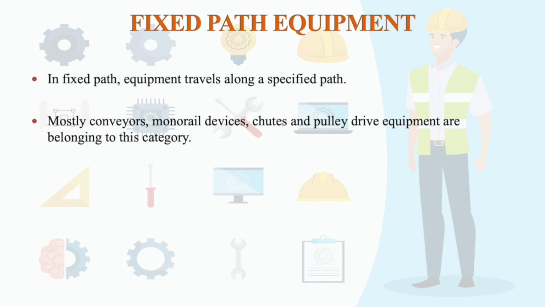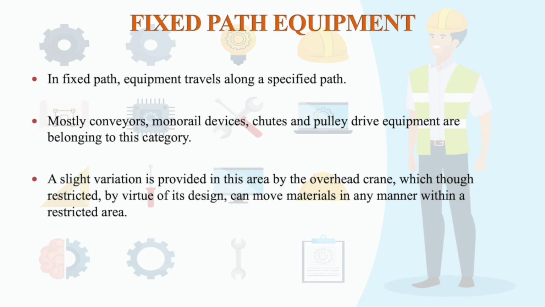Mostly conveyors, monorail devices, chutes, pulleys and pulley drive equipment belong to this category. A slight variation is provided in this area by overhead cranes, which, though restricted by virtue of their design, can move materials in any manner within a restricted area.